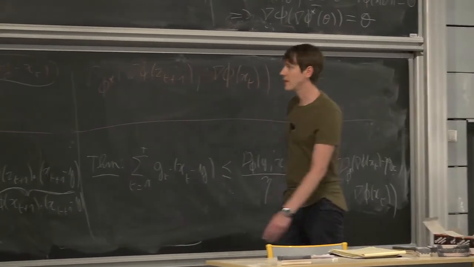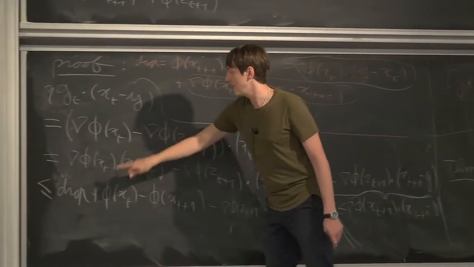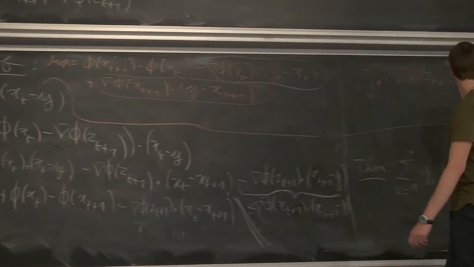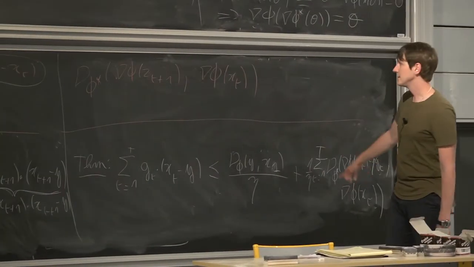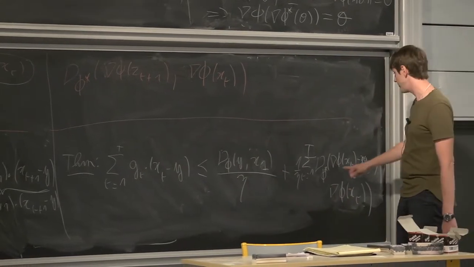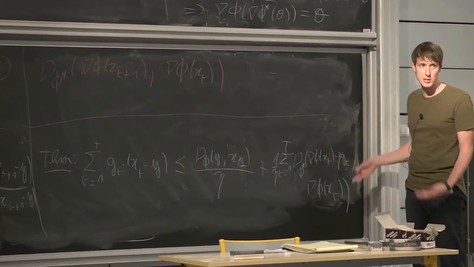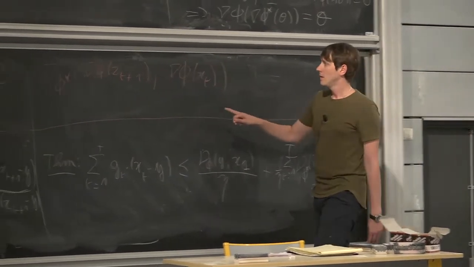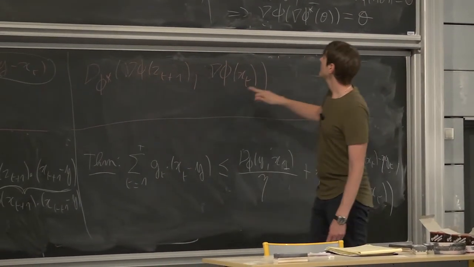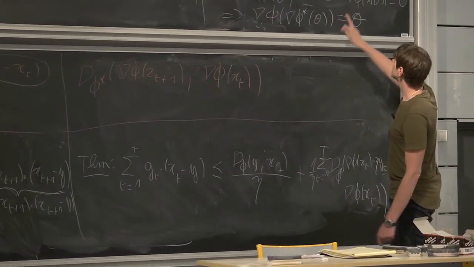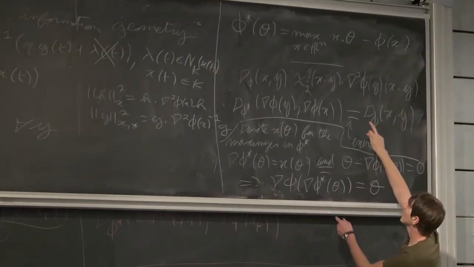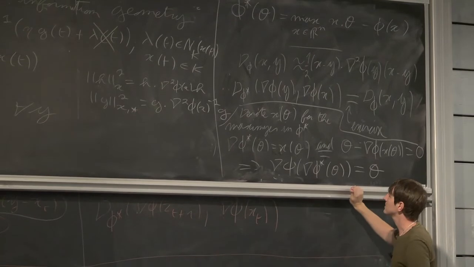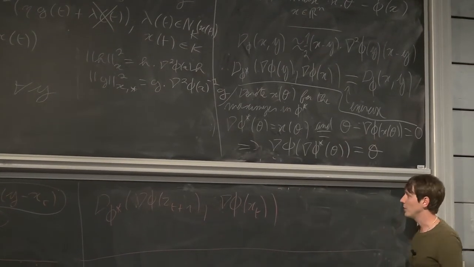Again, we want to say this is bounded by the drop plus something which looks like this thing. And this thing is exactly that. Sorry, that's the definition, right? Grad phi xt minus eta gt, that's the definition of zt plus 1. So this is what we have. And now I'm just going to use this formula that I didn't prove for you. But it's a super simple exercise given those formulas.